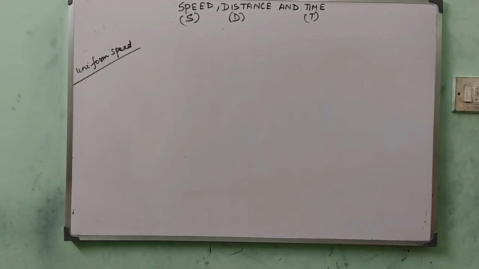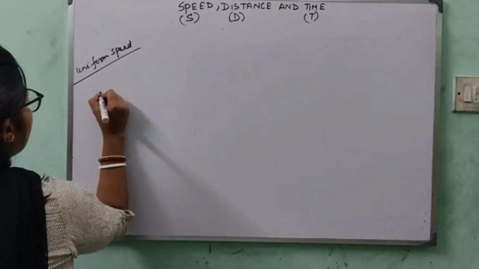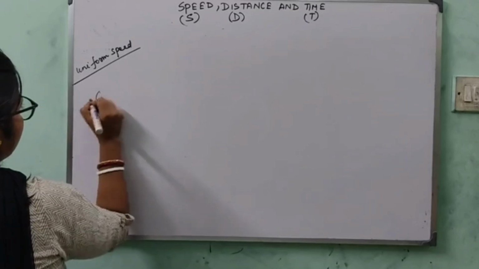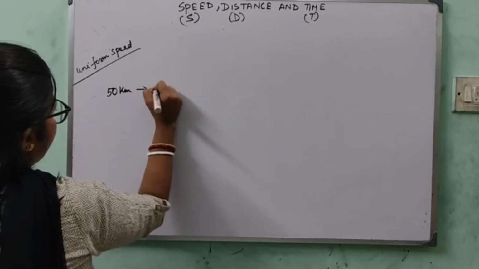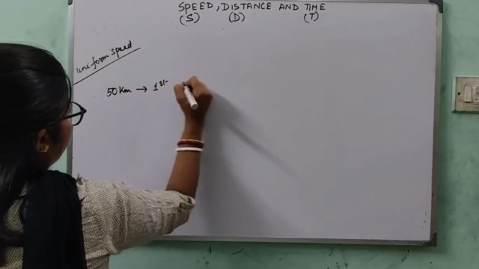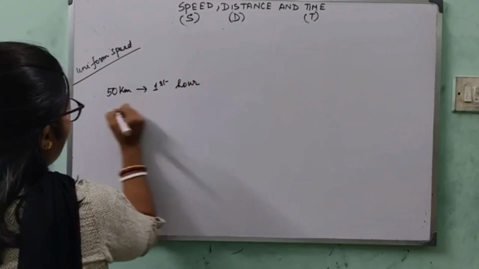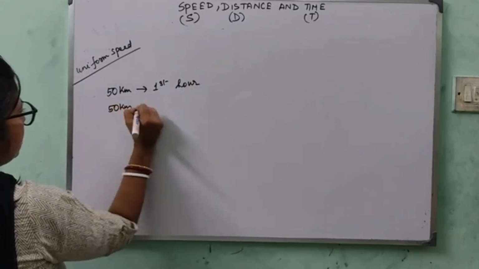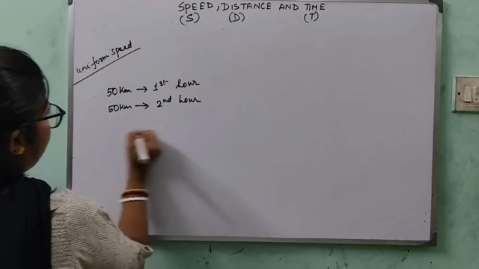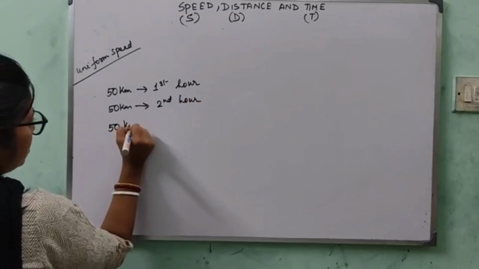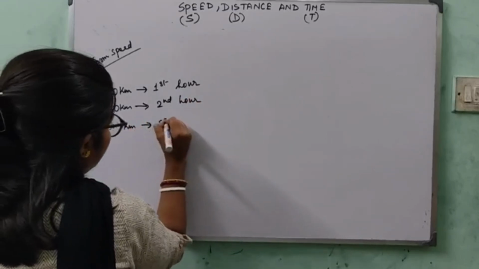Say for example, a body covers 50 kilometers in the first 1 hour. Again 50 kilometers in the second 1 hour. Again 50 kilometers in the third hour.